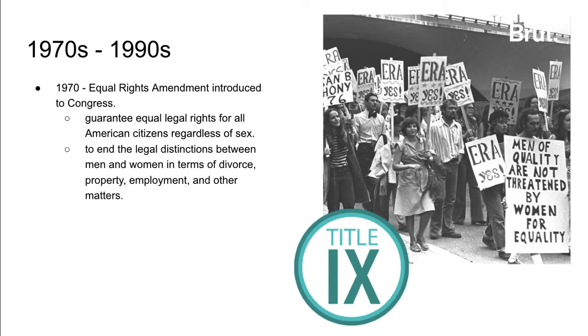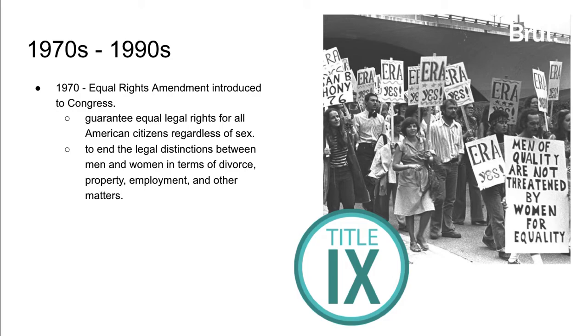It also sought to end the legal distinctions between men and women in terms of divorce, property, employment, and other matters. So when you think about who gets the children if there's a divorce between partners, or women being able to apply for a mortgage or have a bank account on their own without having a man on the account with them, whether that be their husband or their father.